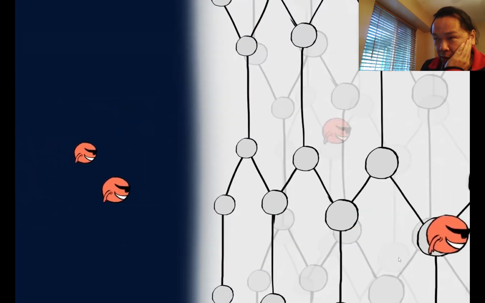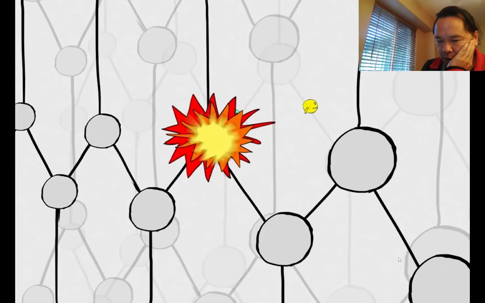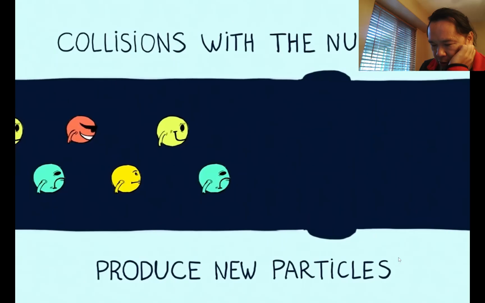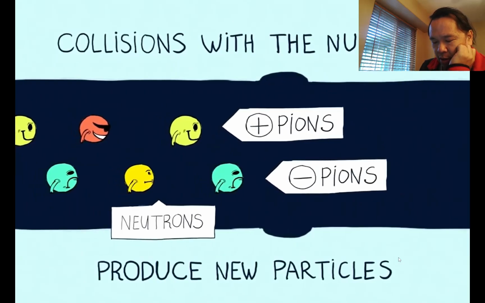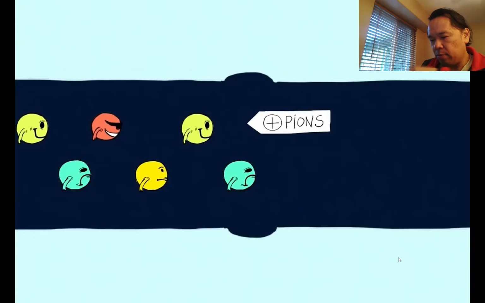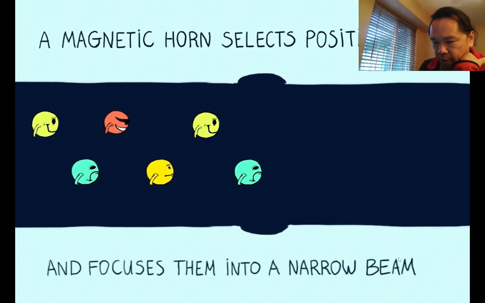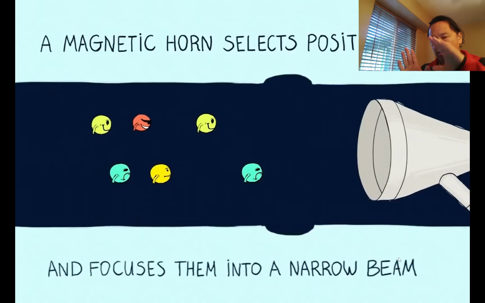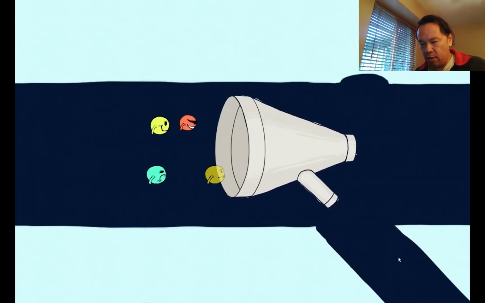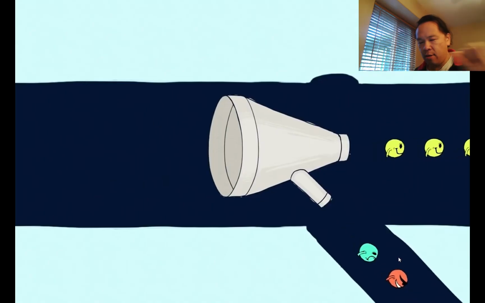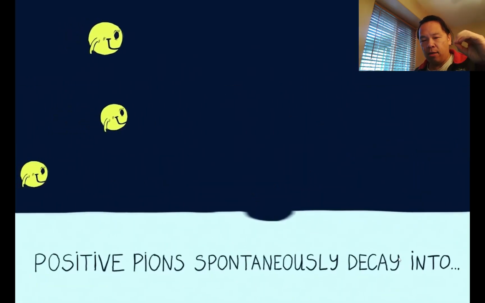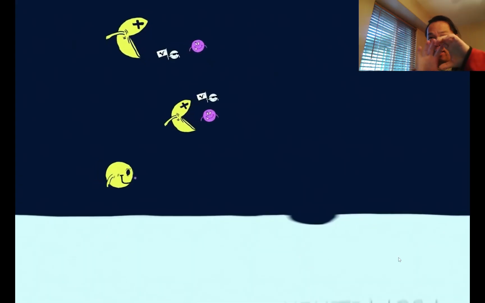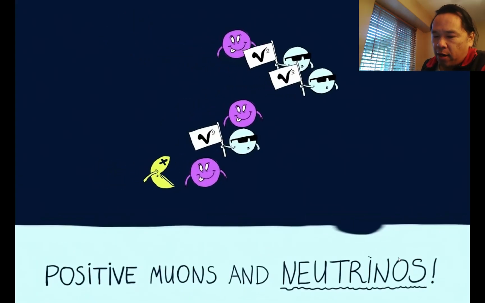Have a beam of protons, which you can make, right? You can accelerate protons as charge. You smash them into this particular target using graphite, and then that makes basically a bunch of ions and neutrons. And then you put these ions into a magnetic field, okay? It's actually called horn. And then by putting it in a magnetic field, you can actually select out a certain charge of ions.